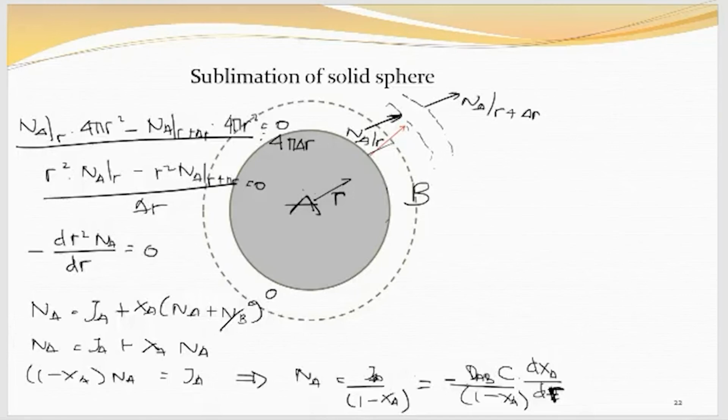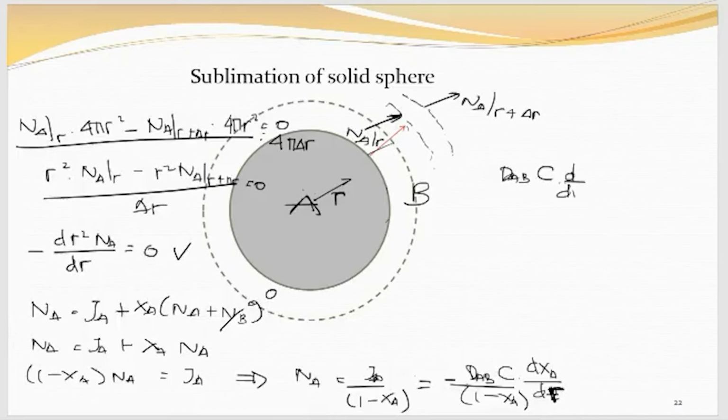Now substitute the NA into this equation. What we're going to have now is DAB C, DAB C is going out, minus becomes positive, and then what else do I have here?